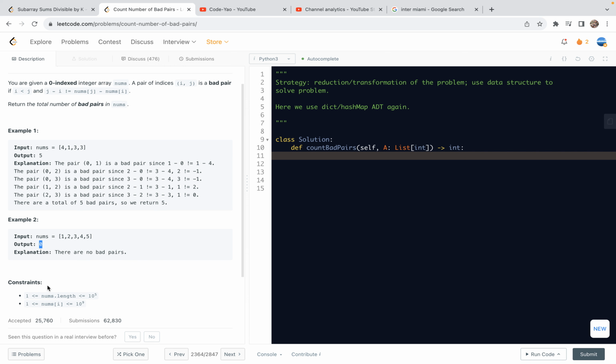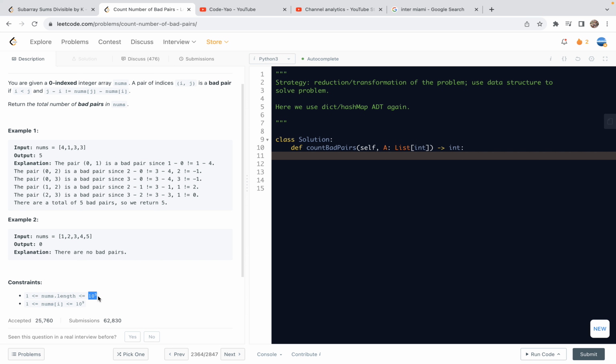So before we do the analysis, let's look at the constraints. The nums list can have a length as long as 10 to the power 5. So this length basically tells us that we need to work on algorithms that are better than, say, n squared, for example.